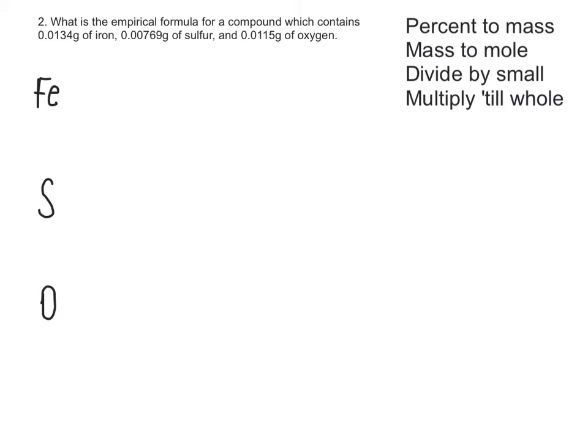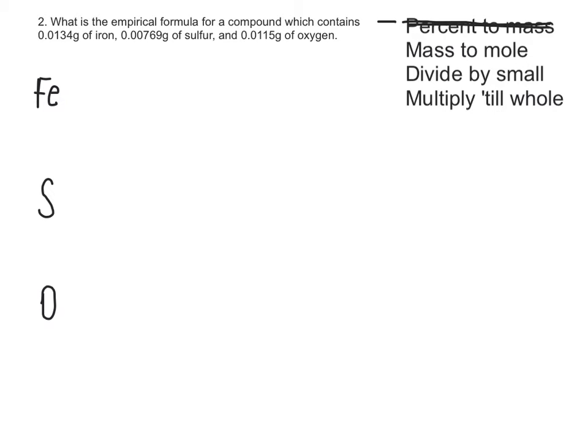Now, if we take a look at our steps here, step 1 is percent to mass. But since they gave me the mass already, guess what? I can skip step 1. I don't have to do that step. Now all I have to do is take the mass that is given and convert it into moles.